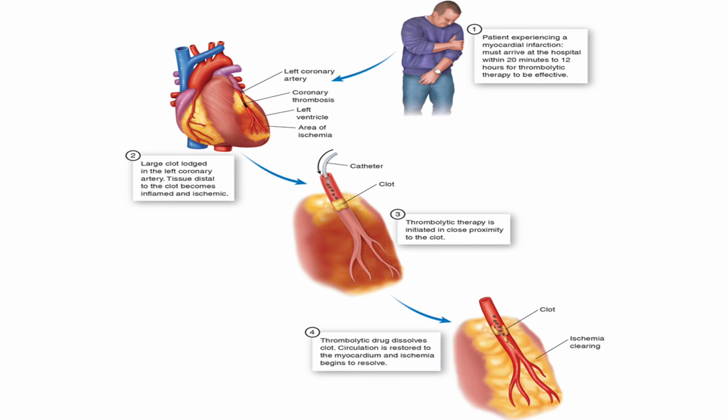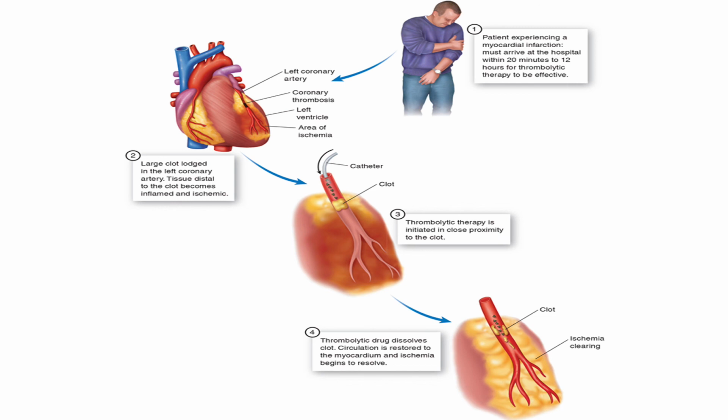Okay, so very effective to try and open up an occluded coronary artery. In terms of timing, sure, we can give thrombolytics up to 12 hours, but remember, the earlier the better. The term is time is muscle.